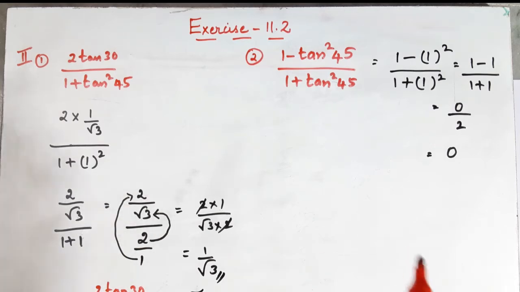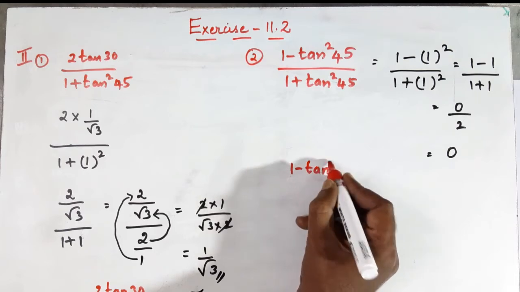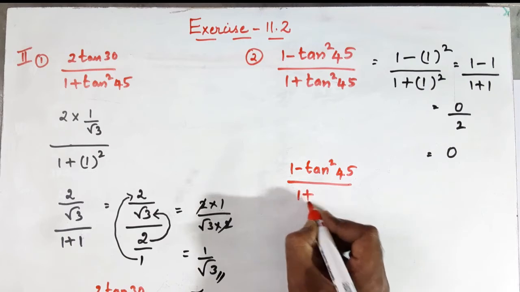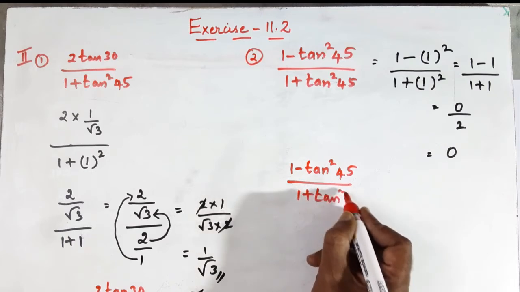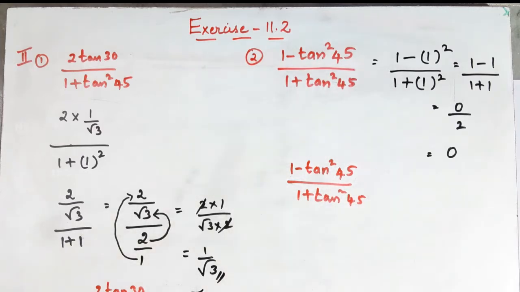Similarly here, 1 minus tan square 45 by 1 plus tan square 45, we got 0. In terms of tan, where are you going to get 0?